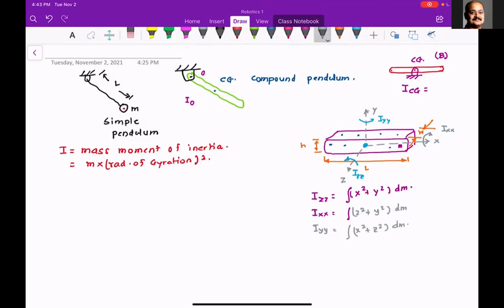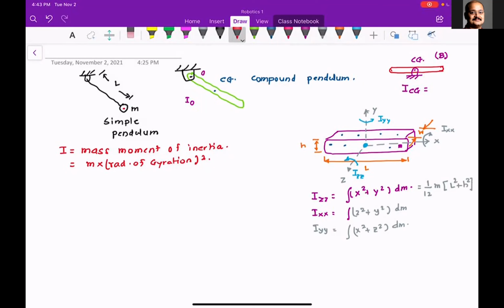Now what that means is, assuming the cross section is uniform, if the total mass is m, then IZZ is nothing but 1 by 12 m times, as you can see, the dimension in x direction is L square, the dimension in y direction is h square.